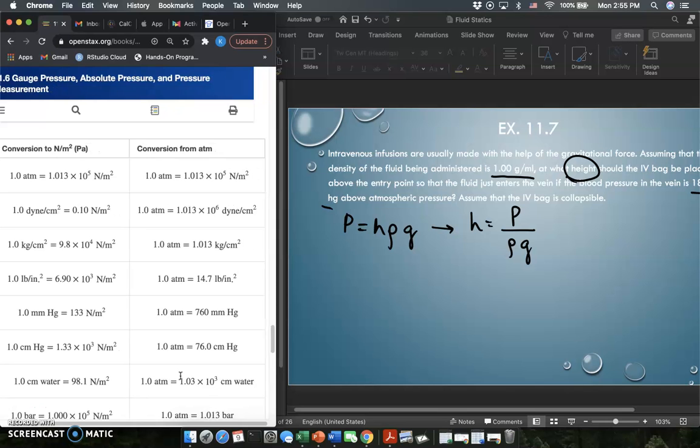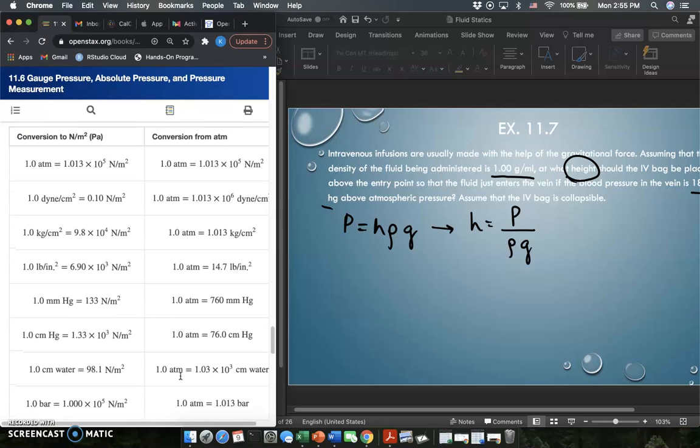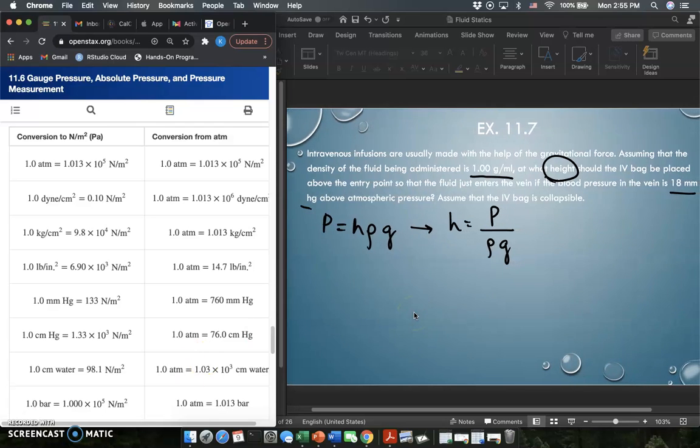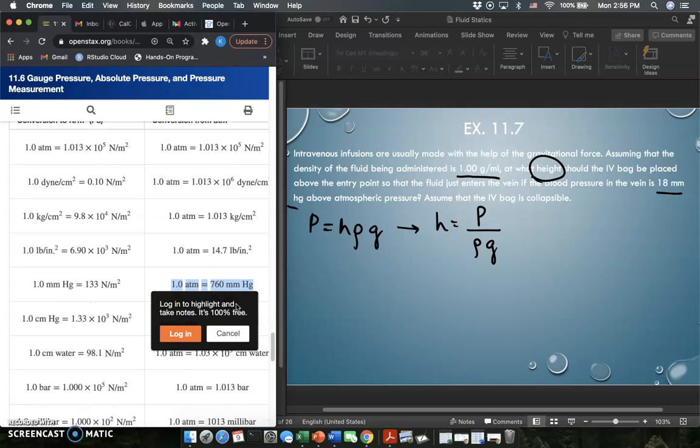So we have some conversions here, and we have grams per milliliter squared, and we also have our pressure here is 18 millimeters. So we want to convert that pressure. You see 1 atmosphere here.